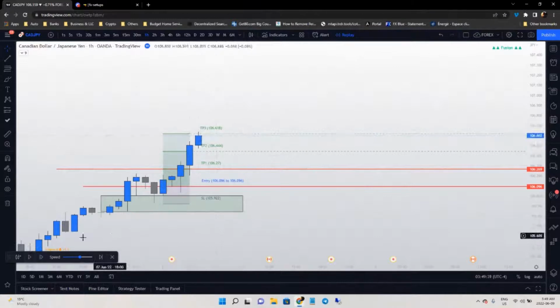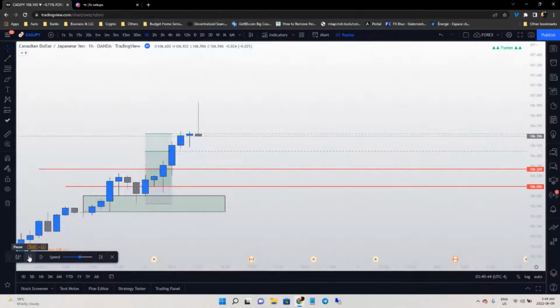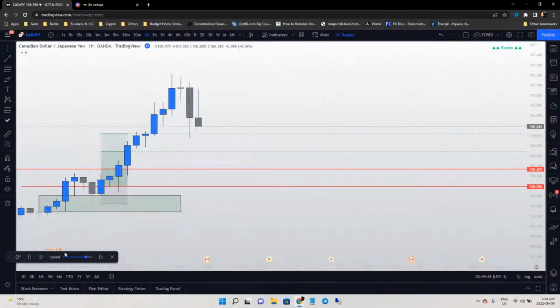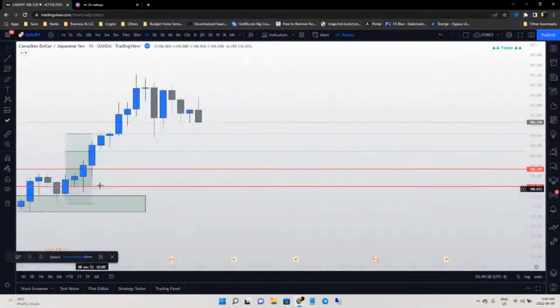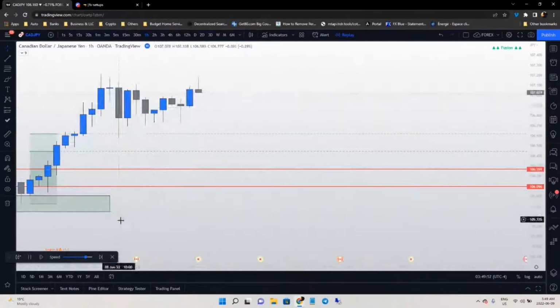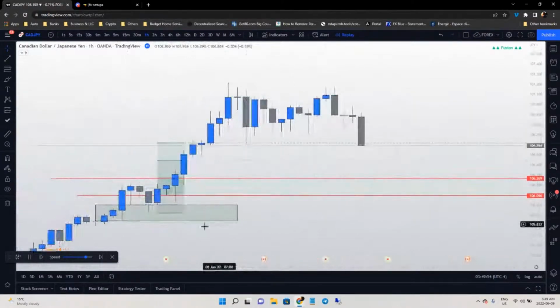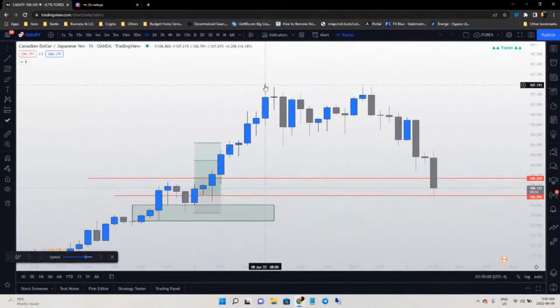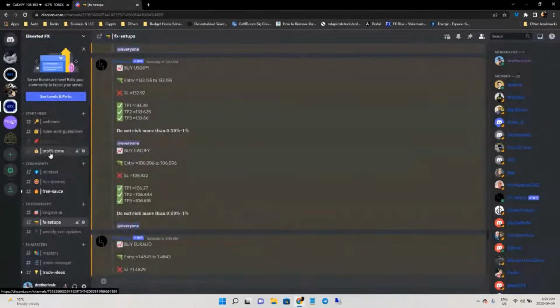But you can still continue riding it out if you want to. This is where we're at right now. So that's the highest that it went. But that was a beautiful setup.